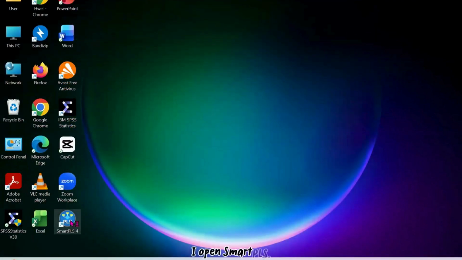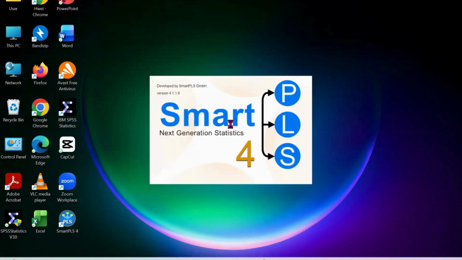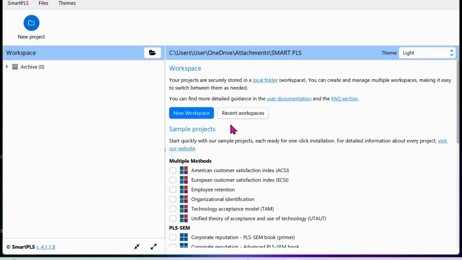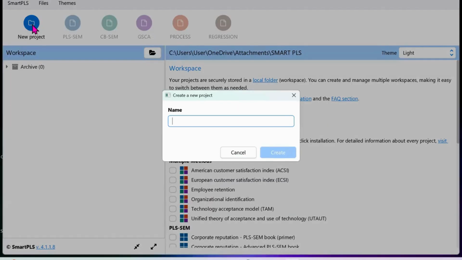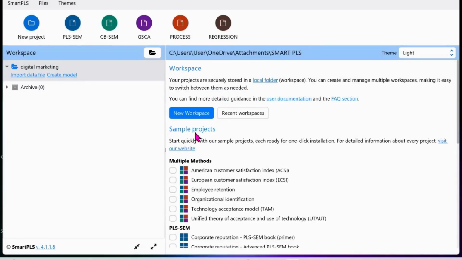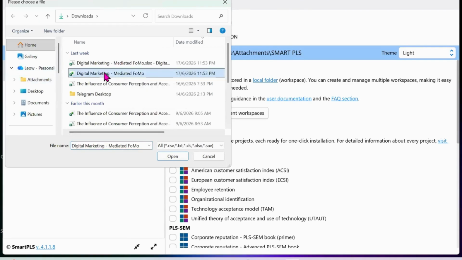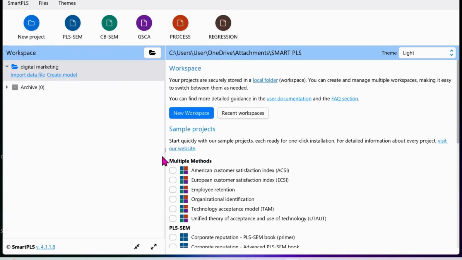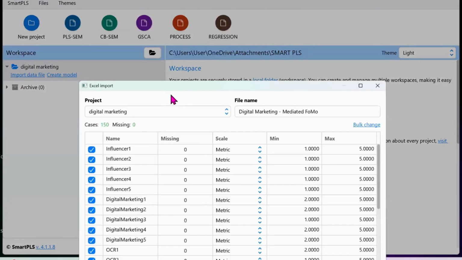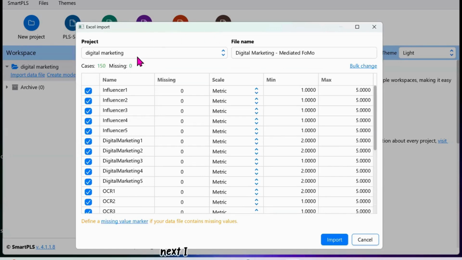I open SmartPLS. Open new project. Rename as digital marketing. Then I click file and open. Next, I choose my CSV dataset.